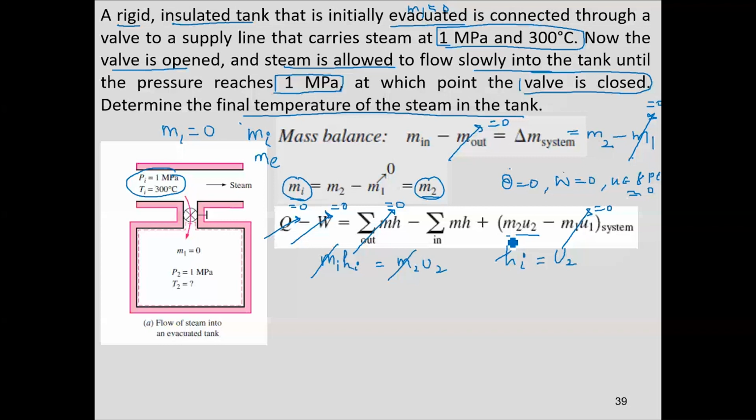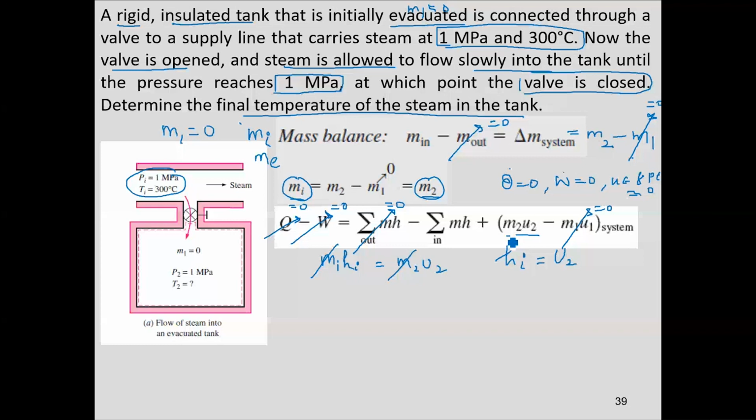So with this assumption, we have U2 and Hi, the enthalpy through the inlet. This refers to the enthalpy corresponding to pressure and temperature of 1 megapascal and 300 degrees centigrade.